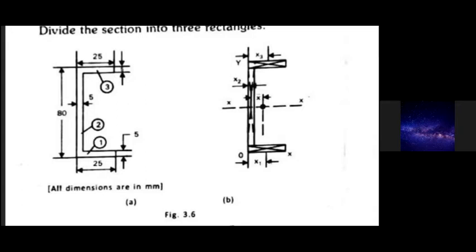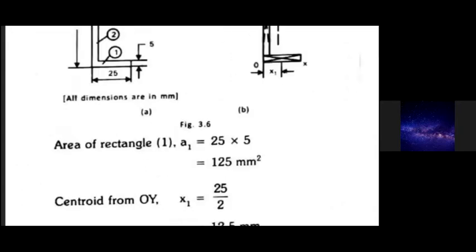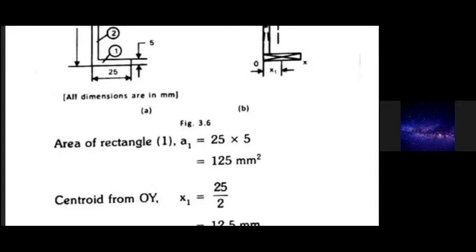Give the numbers as shown in the figure. The lower rectangle is 1, the vertical rectangle is 2, and the upper rectangle is 3. Next, I have to find the area of each rectangle. Area of rectangle 1, A1, is 25 cross 5, that is 125.